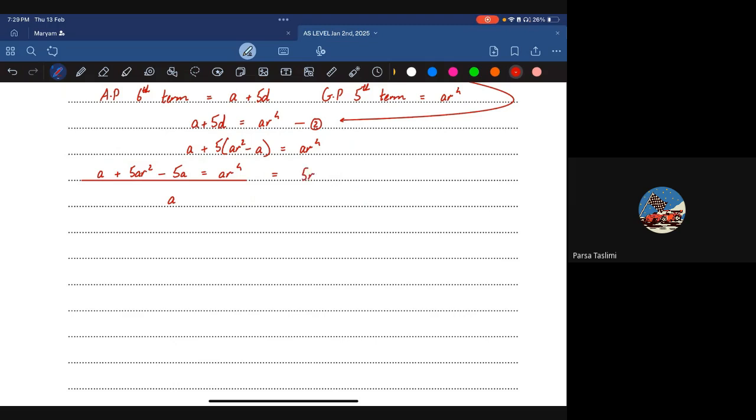Sorry, it's going to be 1 plus 5R squared minus 5 is equal to R raised to the power 4. And this can be further written down as R raised to the power 4 minus 5R squared.